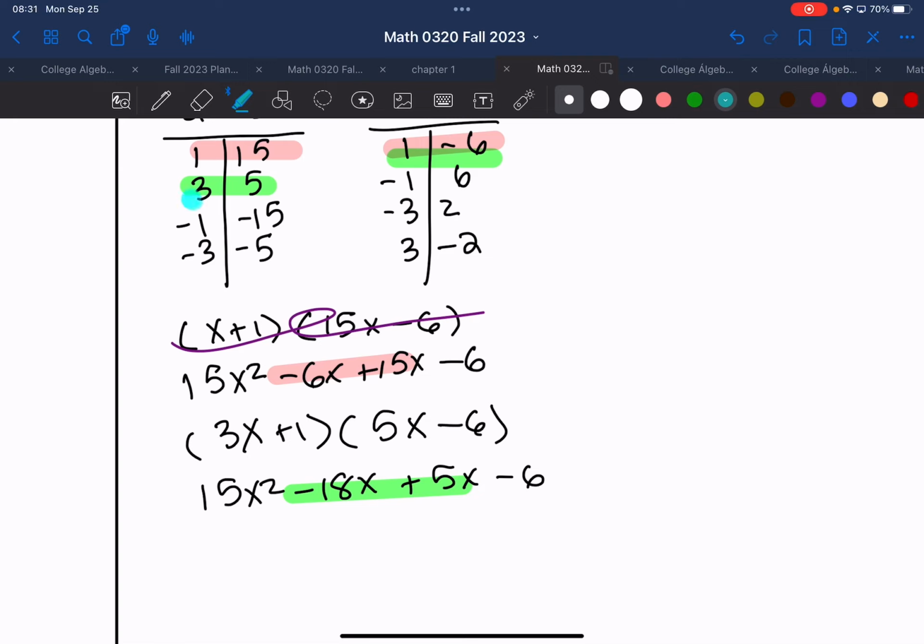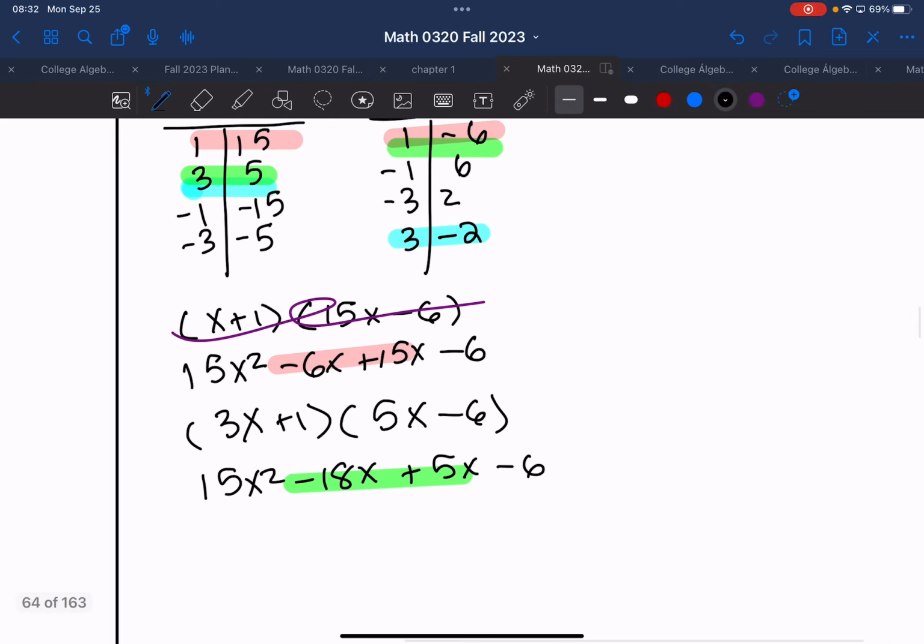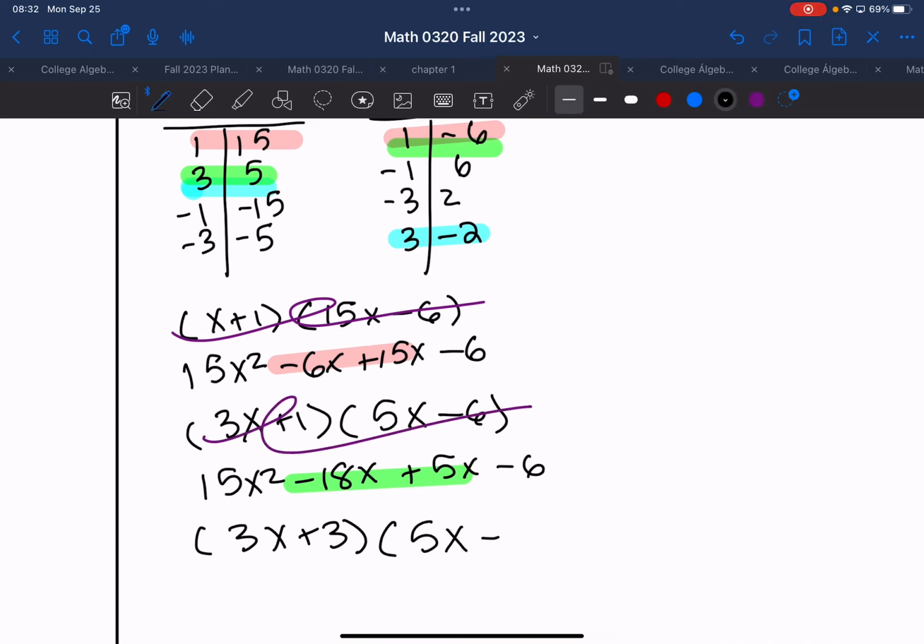So again, we're going to keep that 3 and 5, and then instead of using a 1 and a 6, do you guys want to use a negative 3 and a positive 2, or a positive 3 and a negative 2? Okay, so let's try these ones. Okay, so we have 3x plus 3, and then 5x minus 2.